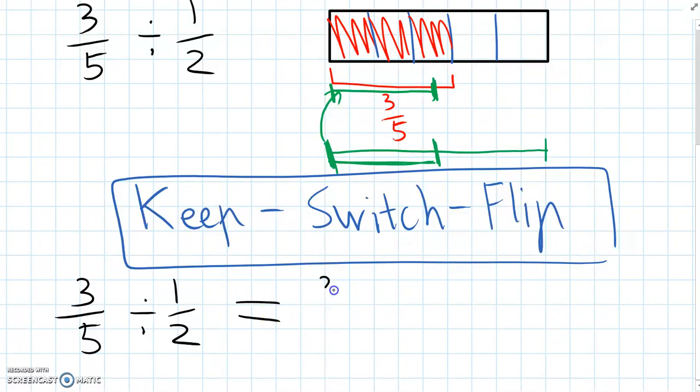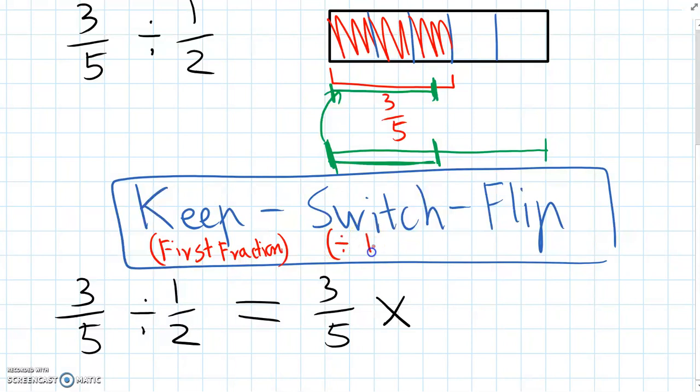Keep the first fraction as it was, 3/5. Switch means switch the sign from a divide to a multiply. So keep the first fraction. Switch the divide to a multiply, and flip the second fraction.